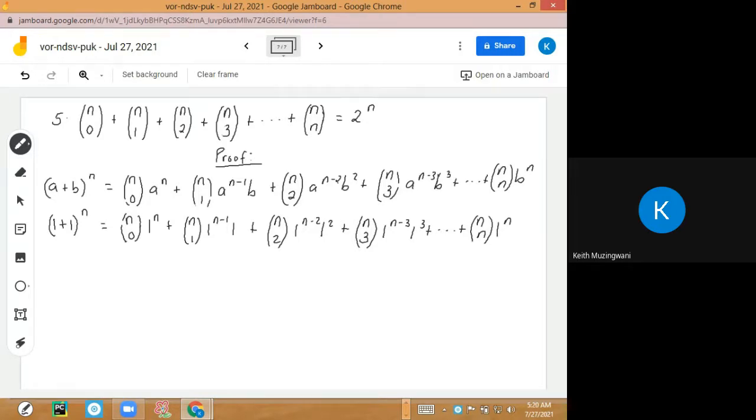But 1 plus 1 is 2. 1 power n is 1, and 1 multiplied by n choose 0 is n choose 0. 1 to the n power is 1, multiplied by 1 is 1. 1 multiplied by anything is that thing.